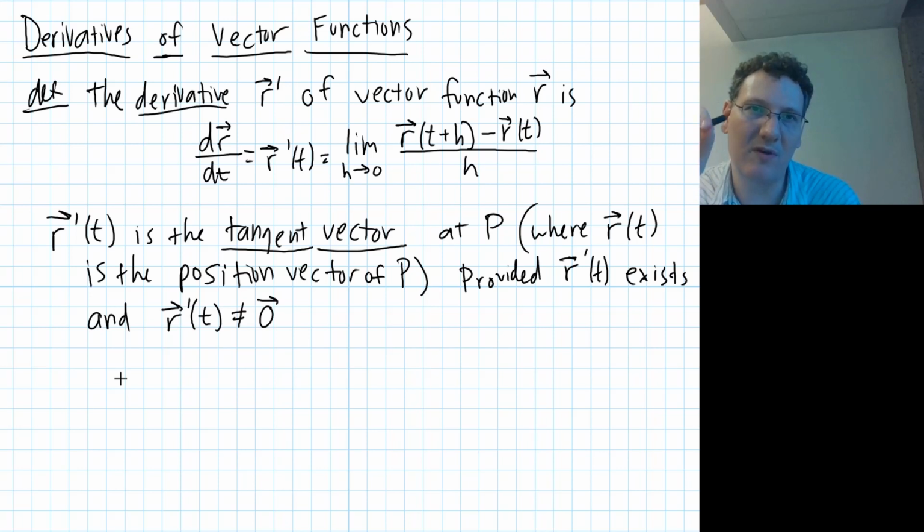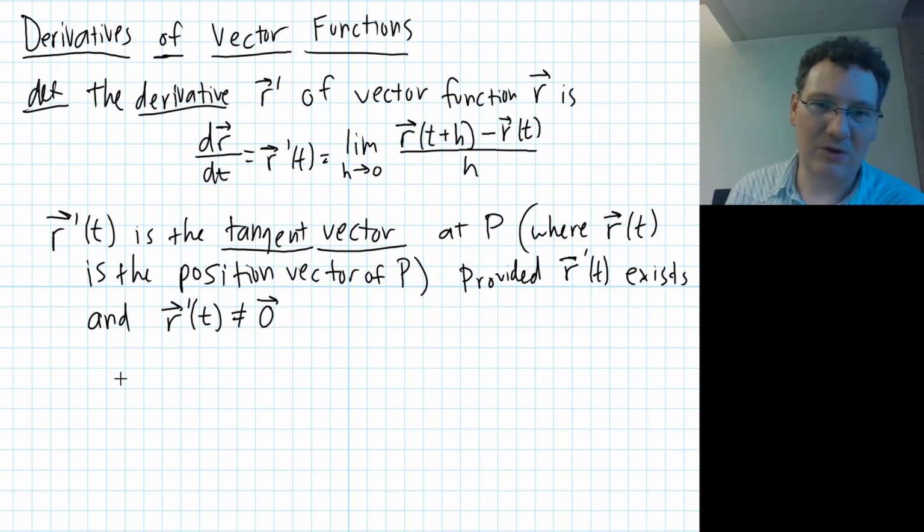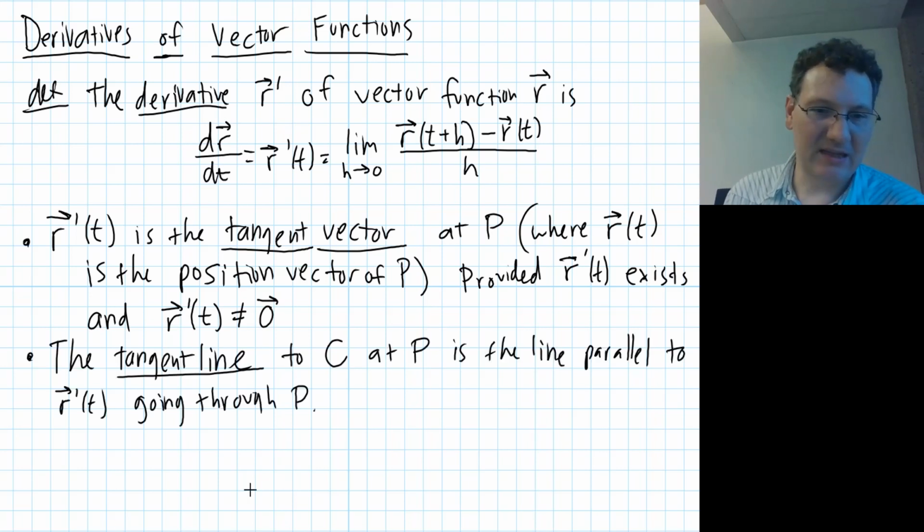It can stop moving in one or two of the dimensions, but if it stops moving in all three dimensions and then makes a turn to a different direction, that is going to give you a 0 for the derivative. So the tangent line to the curve C at point P is a line that is parallel to r prime, and it passes through point P.